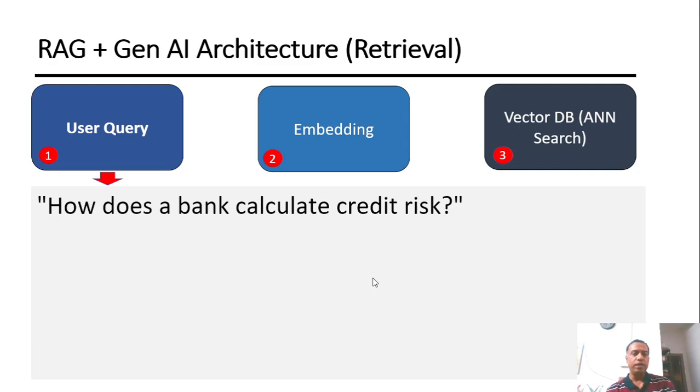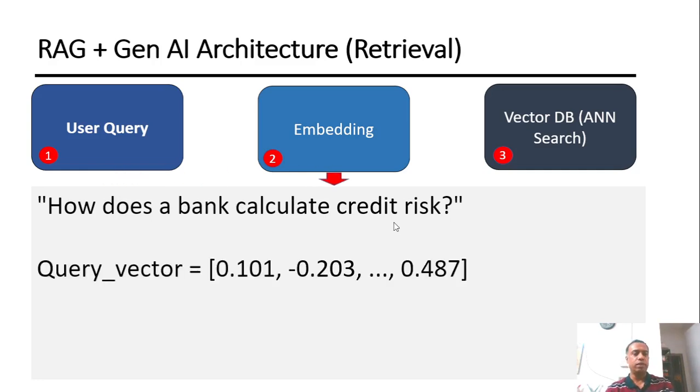So, we have completed the pre-processing phase, right, where you have your vector database that is created. Now let's actually understand the RAG architecture. Now we are in the retrieval phase, right? So the user sends a query to the bot: how does a bank calculate credit risk? This then moves into embedding, right? We said in the embedding, you get a vector.